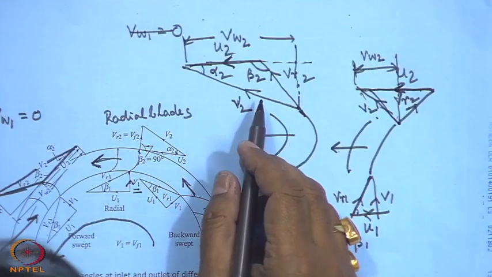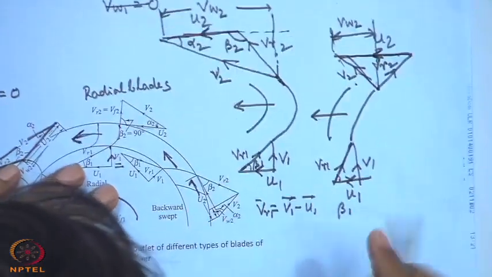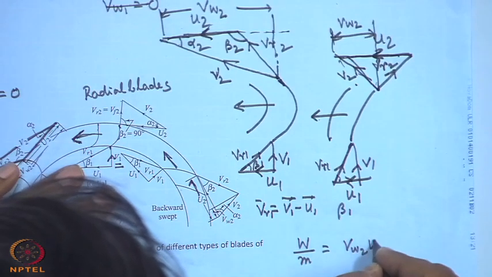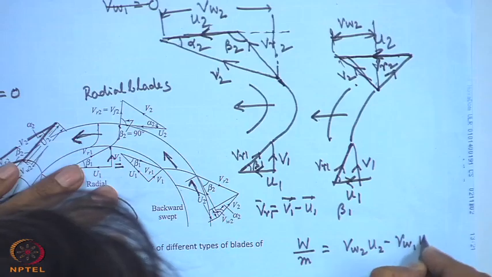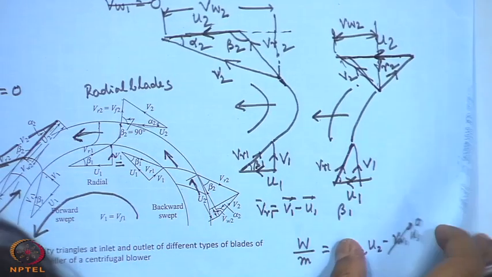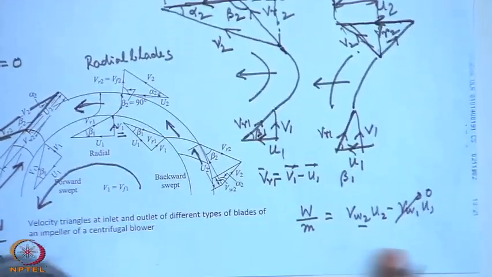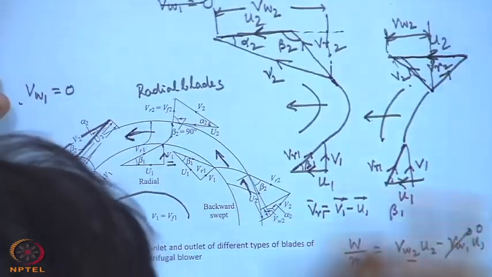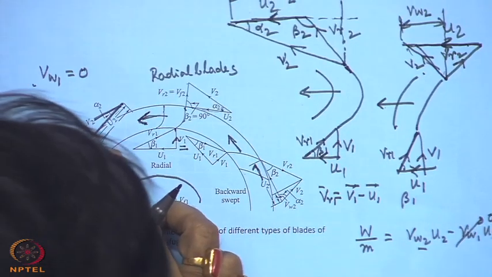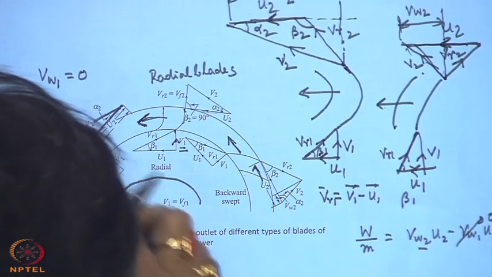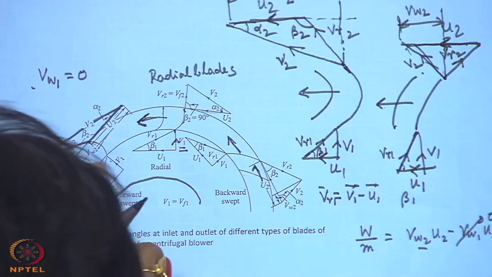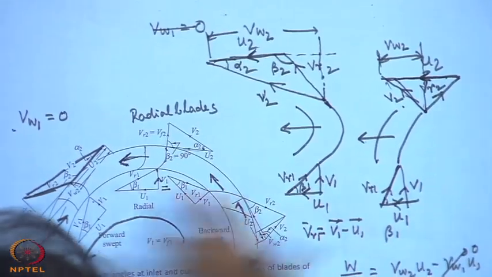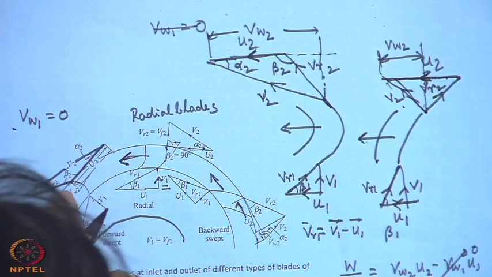Therefore, you see VW1 is 0, so the work done per unit mass is again VW2 U2, since VW1 U1 is 0. In this case VW2 is more, and that is the reason the forward swept blade is used where we require more work, and more flow and more static pressure rise will be available. So, more work can be imparted to the fluid flowing through it.